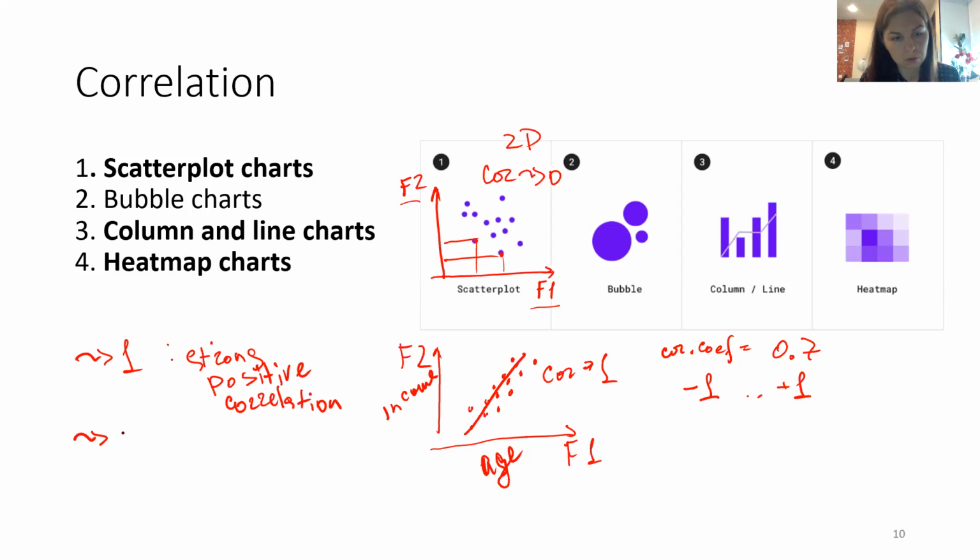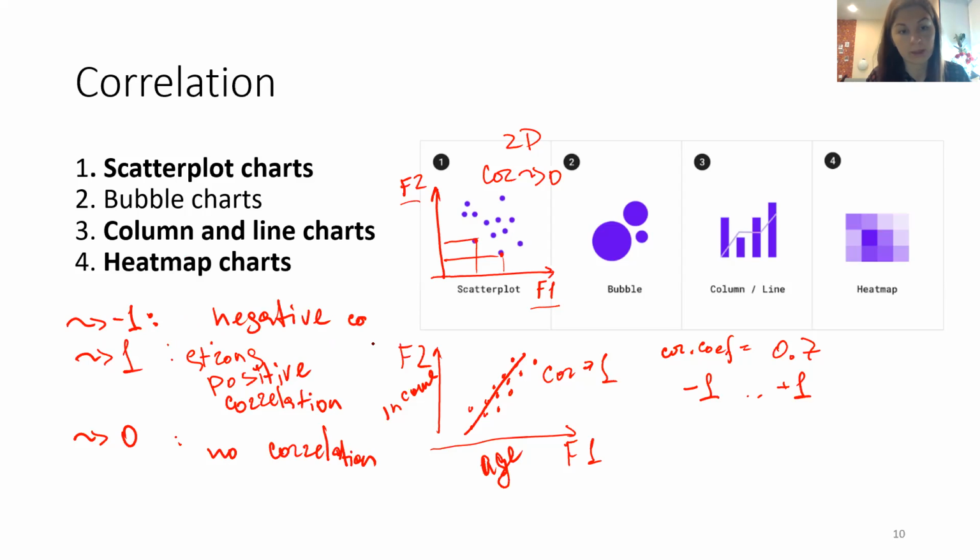If it's close to 0, no correlation. It means that one feature does not influence another, so they are independent. If you have a correlation coefficient close to -1, it means that we have strong negative correlation.